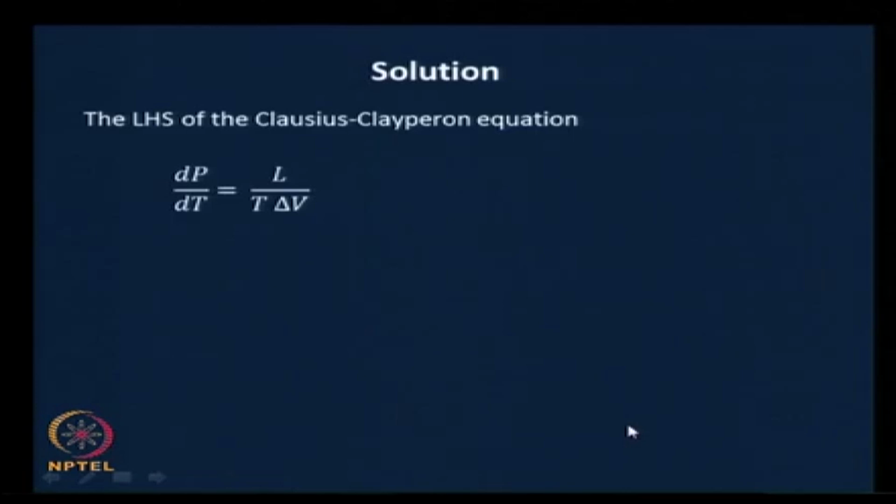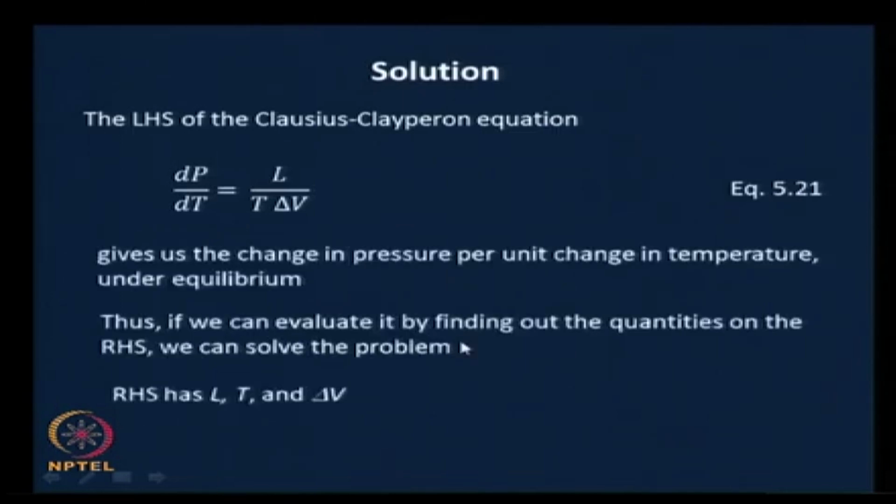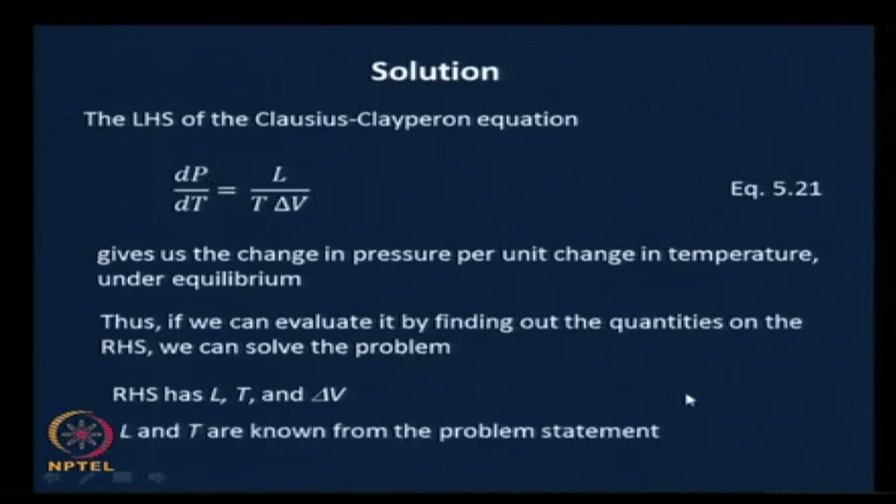We saw that we needed to use the Clausius-Clapeyron equation to get dP/dT, which is the quantity that we need, and we also realized that the values of L and T are given. Therefore, if we know delta V, which is V of the vapor minus V of the liquid, the molar volume difference, then we can find dP/dT and get the quantity of interest.